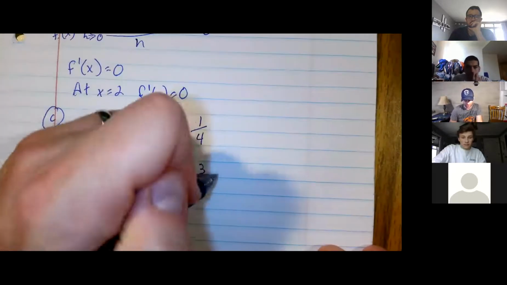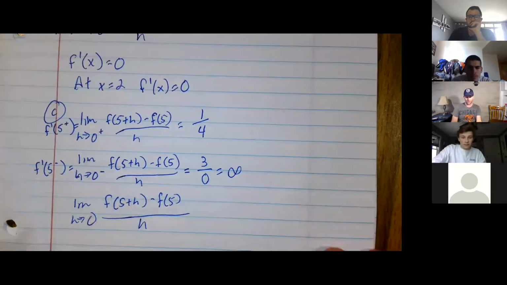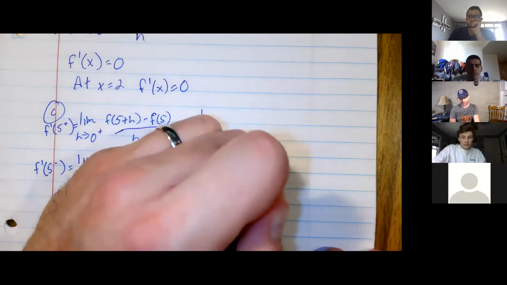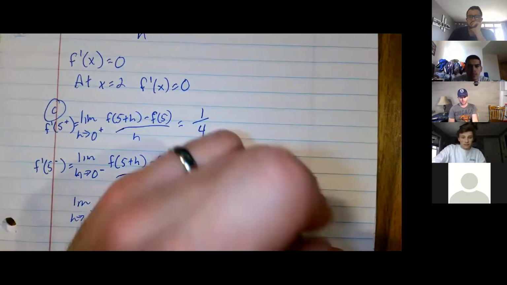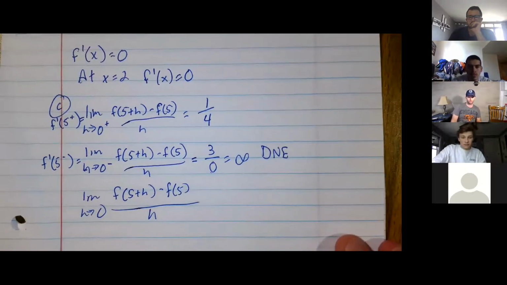And so this is going to be an infinite value, which would mean that this limit does not exist. Why? Well, because the numerator is approaching 3 and the denominator is approaching 0. Questions on that one?